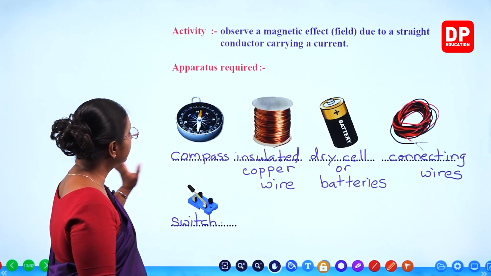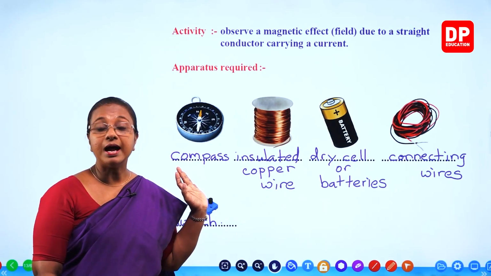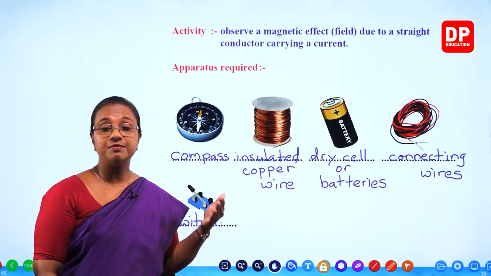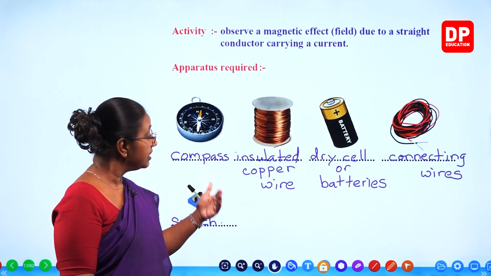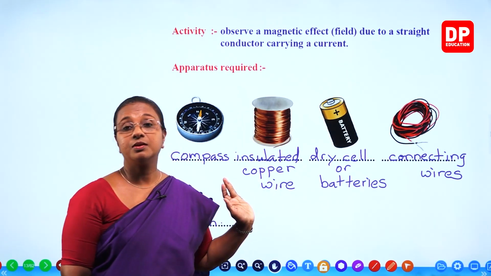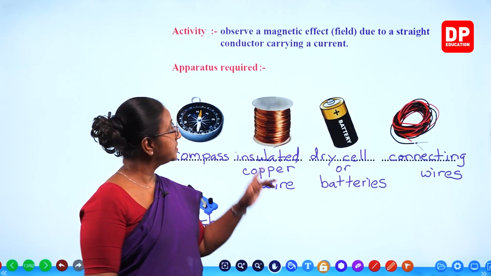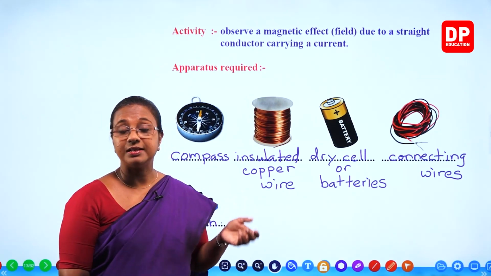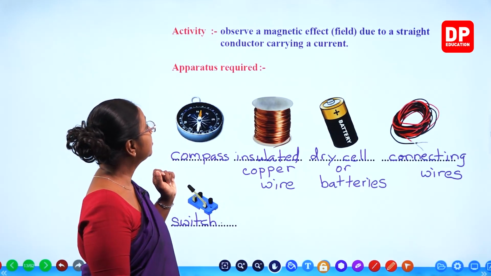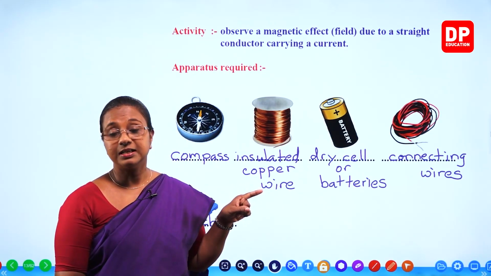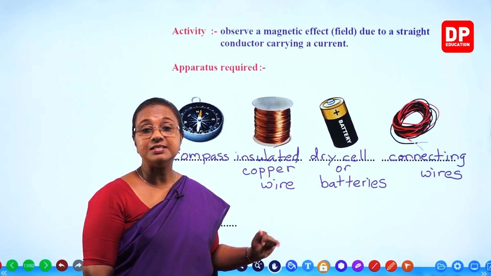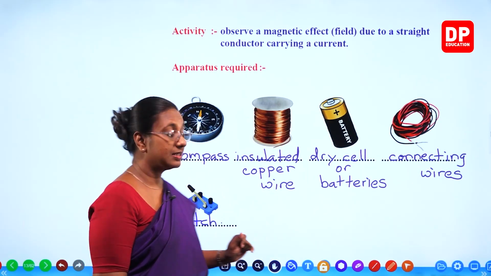Then we will use the compass to observe whether there is a magnetic field generated around this copper wire or not. That is how we are going to observe the magnetic field due to a straight conductor carrying a current. I will discuss the method in the next slide.